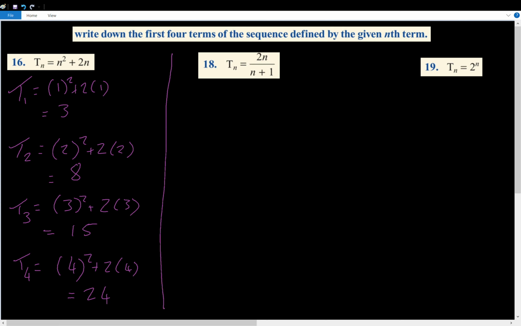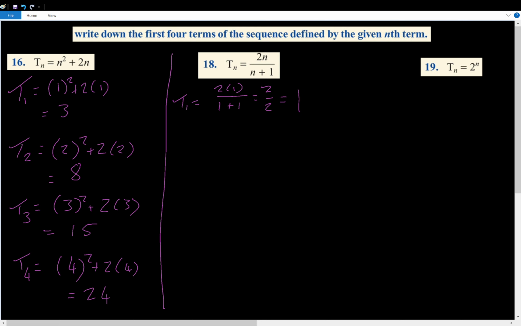For 18, it's going to be a little bit less convenient. It's the same process, but with a less easy sum to manage. So we'll do these one at a time this time. So T1 is what we're going to get when we put 1 into the equation in place of n. So we're going to get 2 times 1 all over 1 plus 1, which is going to be equal to 2 over 2, which is just 1.